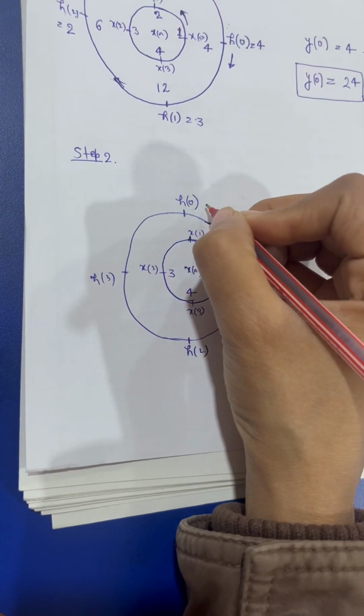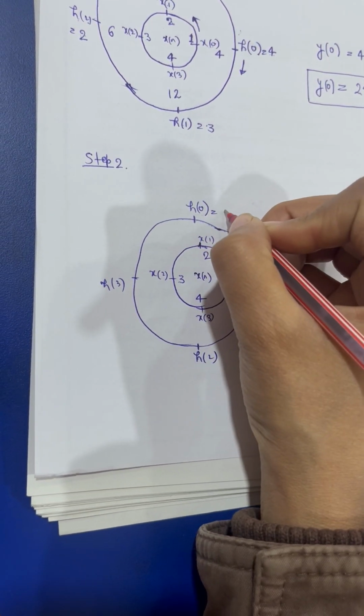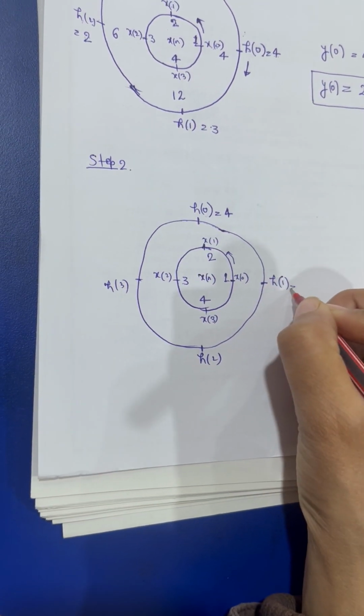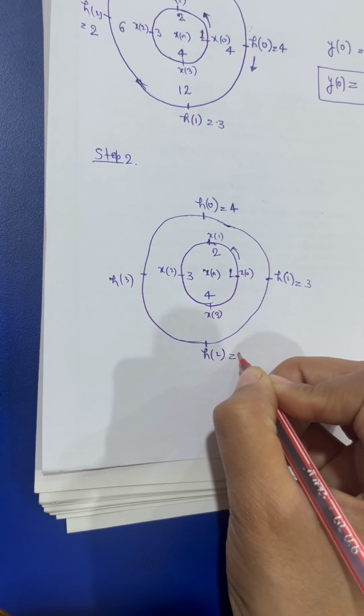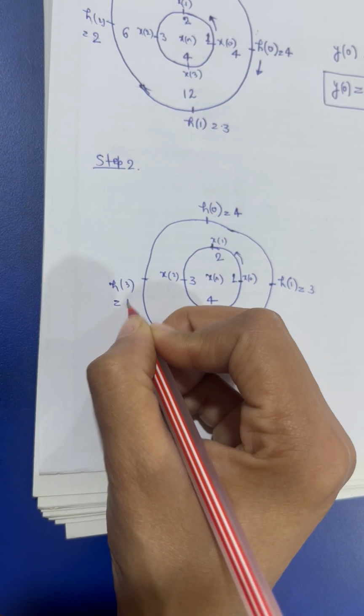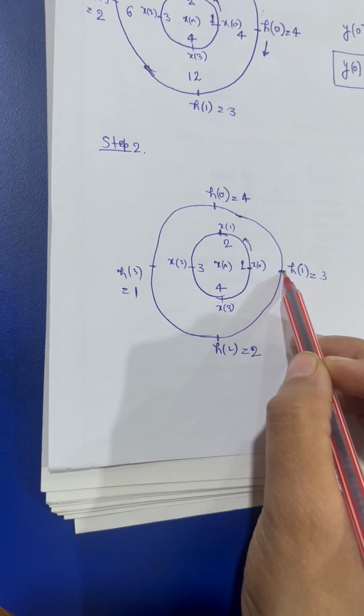Now put the values from the question: h0 is 4, h1 is 3, h2 is 2, h3 is 1. Now again convolve these two sequences.